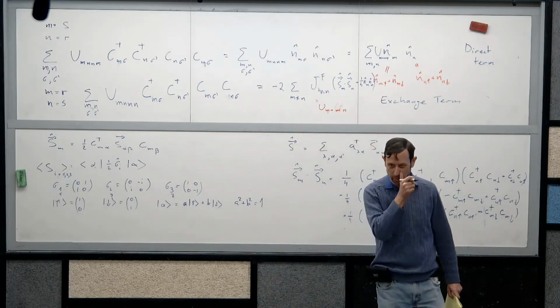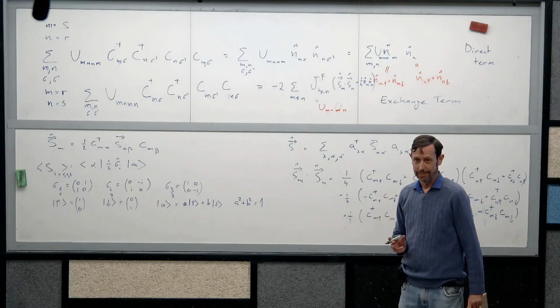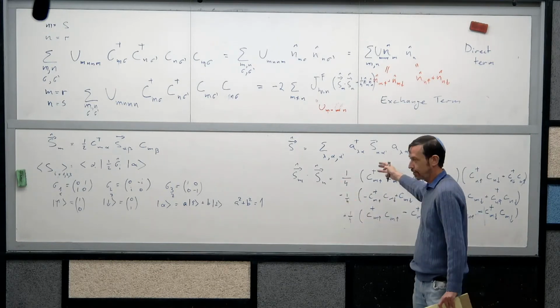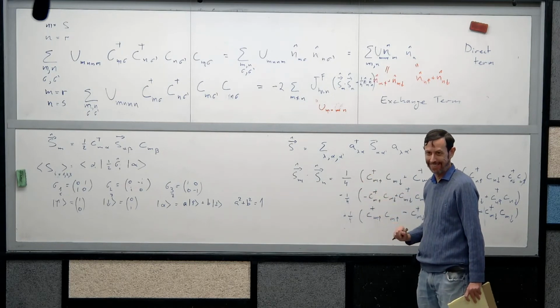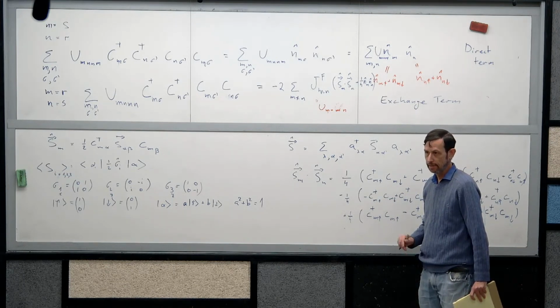It is just U M N M N. You're not convinced? Finish up the calculation and see what you have here. The exchange term is J. You mean in J? It's J.